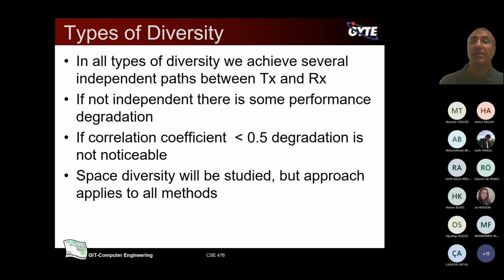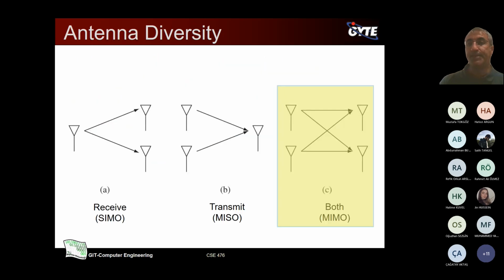Because of the limited time, we are only going to focus on space diversity, but most of this approach can be applied to all the other diversity methods. Okay, space diversity: to create this diversity in space using multiple antennas.